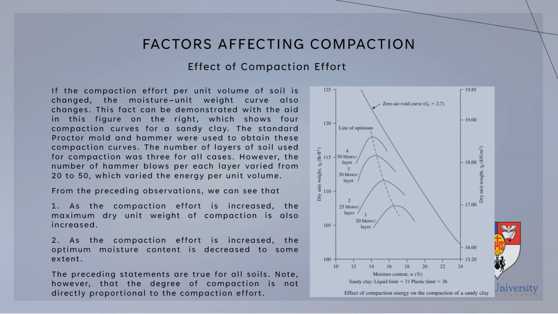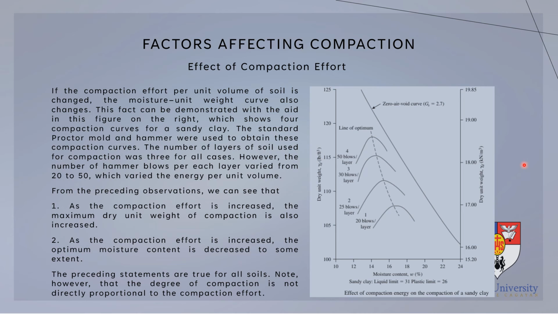So if the compaction effort per unit volume of soil is changed, the moisture-unit weight curve also changes. This fact can be demonstrated with this figure, which shows 4 compaction curves for a sandy clay. The standard Proctor mold and the hammer were used to obtain these compaction curves.